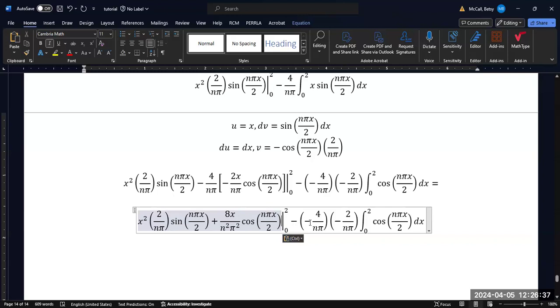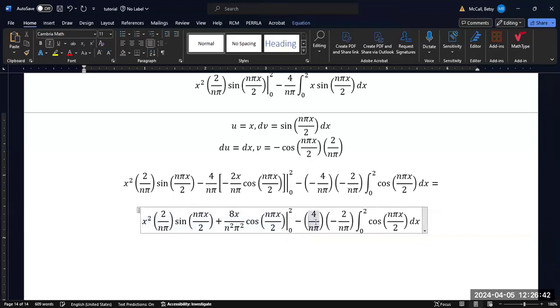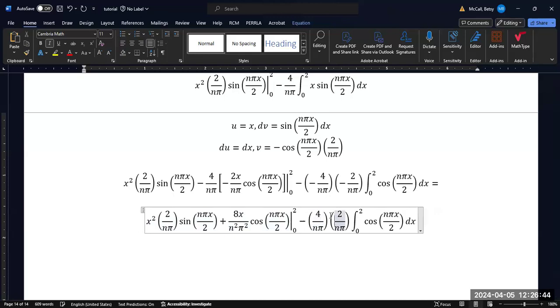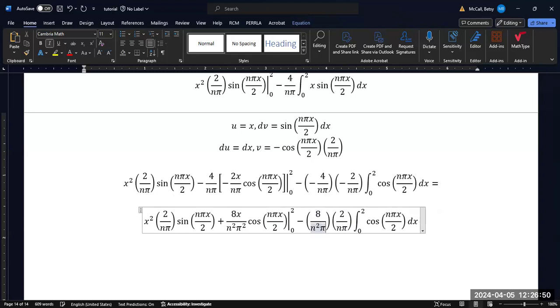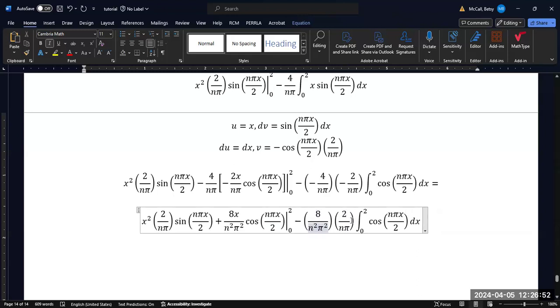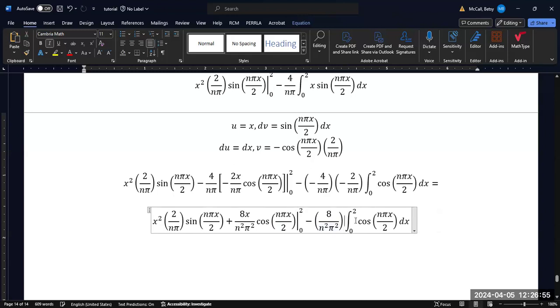And then this is a minus, minus, minus, so that'll be a minus. And this will be 4 times 2 is 8, and n squared pi squared. You get rid of this guy.